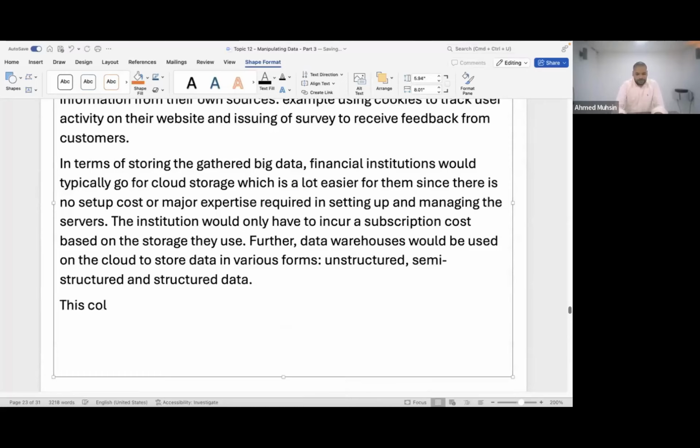This collected big data can then be used to perform three types of analysis. What was it?